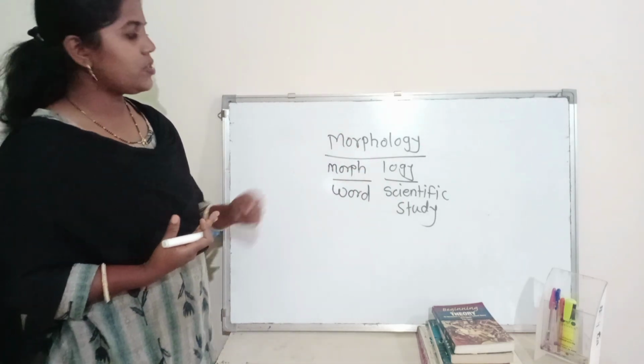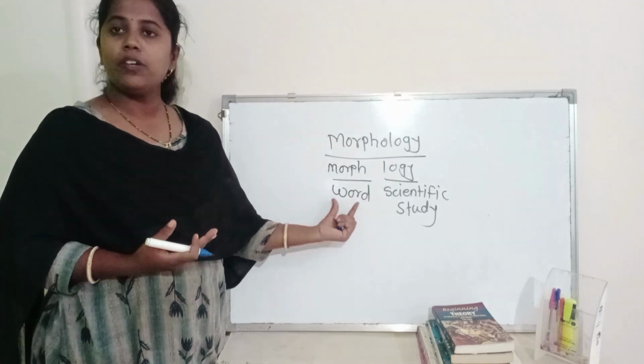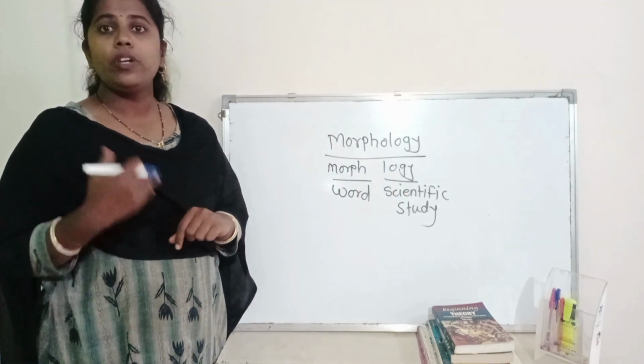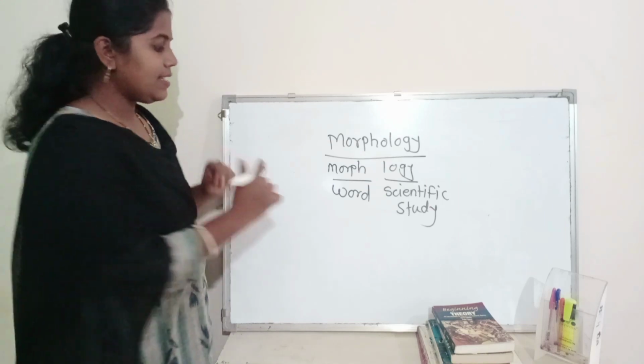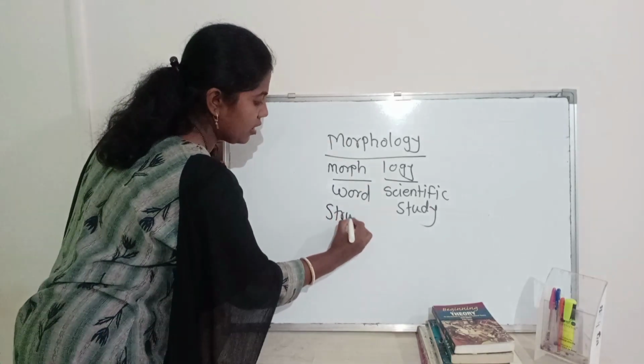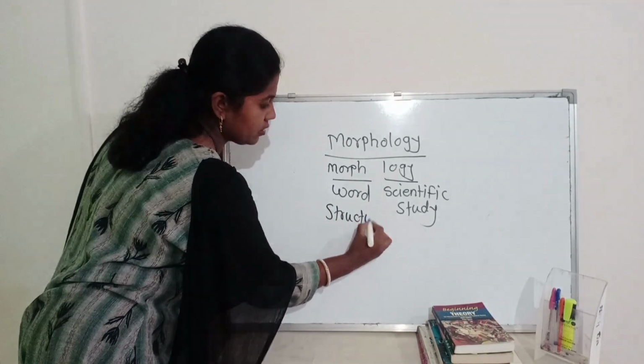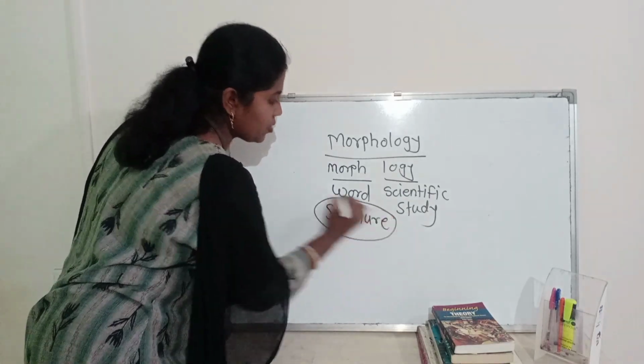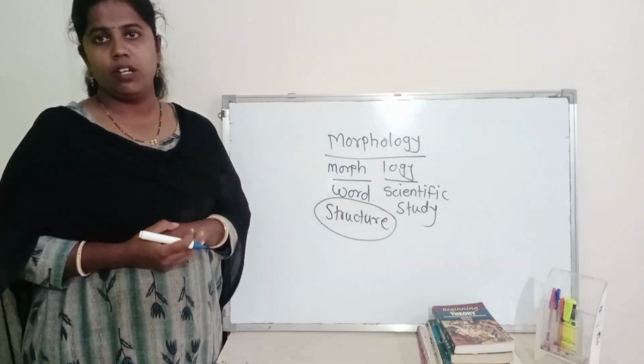Then how are we going to study the word in a scientific way, what exactly are we going to study? That is the structure of the word. Okay, we are going to study the structure of that particular word.